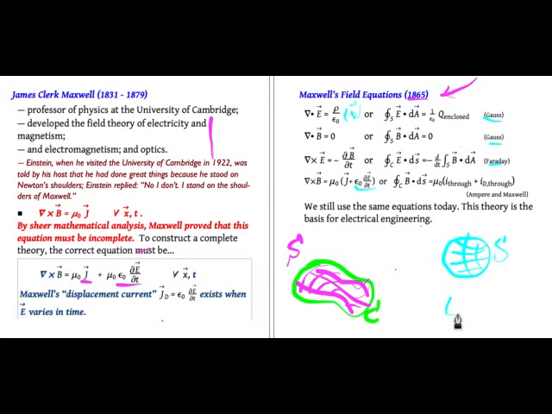So I is the integral of J dot dA over some area or some surface like this, really an open surface.